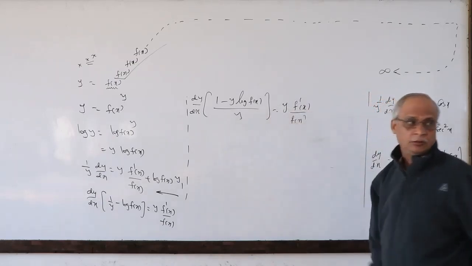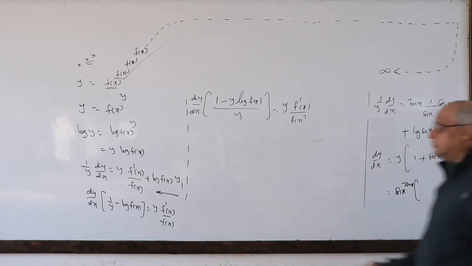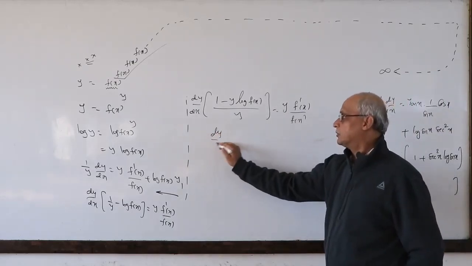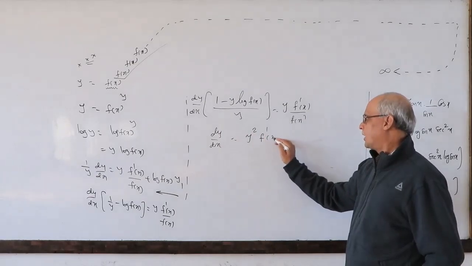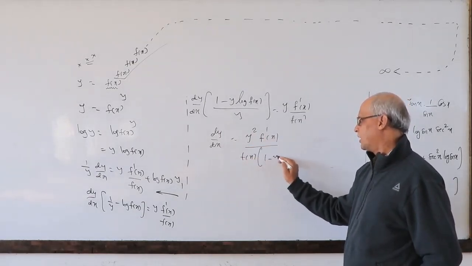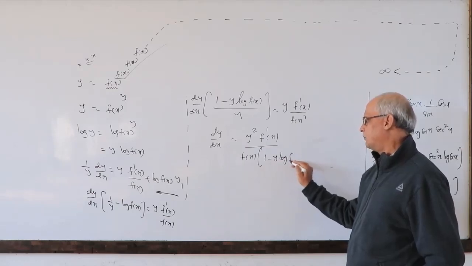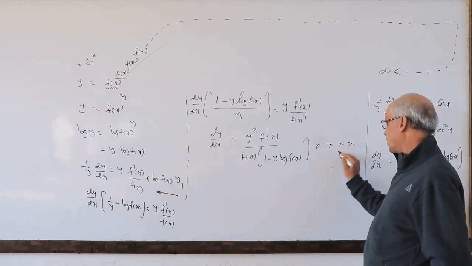What is next? You are getting the answer. Therefore, dy by dx is equal to y square into f dash x by f of x into (1 minus y log of f x). The answer is finished, but a very important danger.